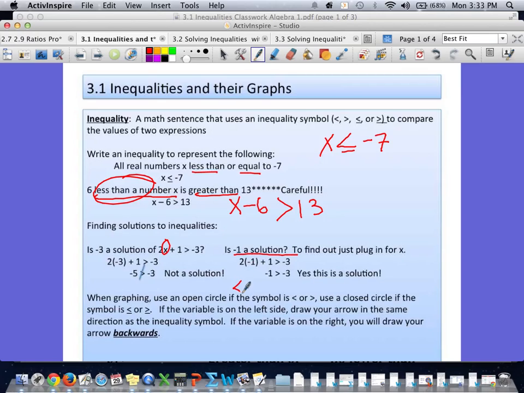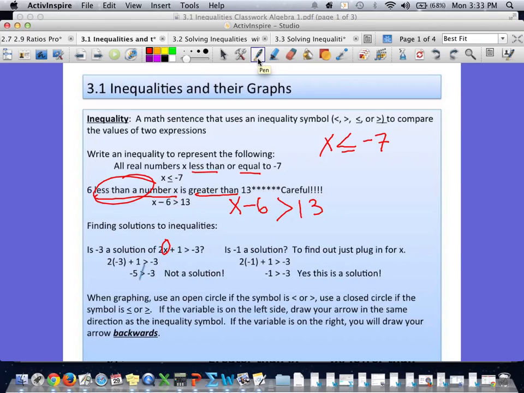And on the number line, we have -1, we have a 0 in here somewhere, we have 3, and we have -3 on this end. So is -1 greater than -3? -1 is closer to 0, so yes, it is a solution. That's what they're asking you to do. So plug in for values that they give you.